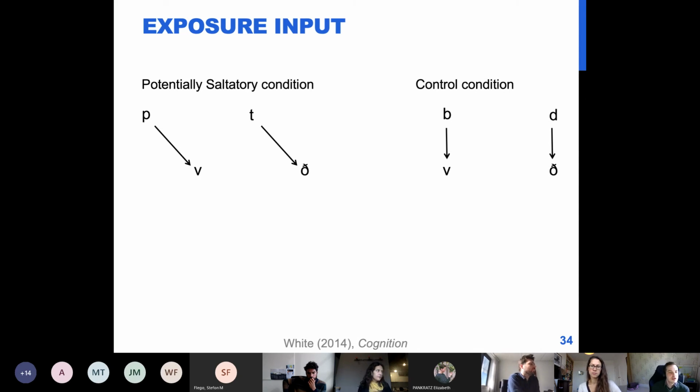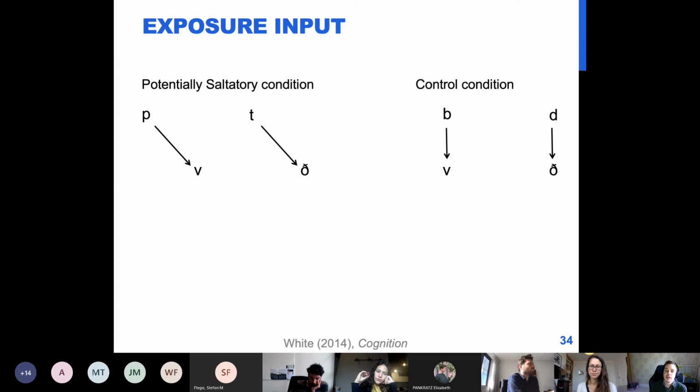Okay, so here's sort of a summary of the input that people got in this experiment. They learned that P changes into V, as I said, and so we have this potentially saltatory condition, that's their sort of critical condition. They also had a sort of coronal analog here, so T changes into ETH. That's the same kind of change, but with the coronals.